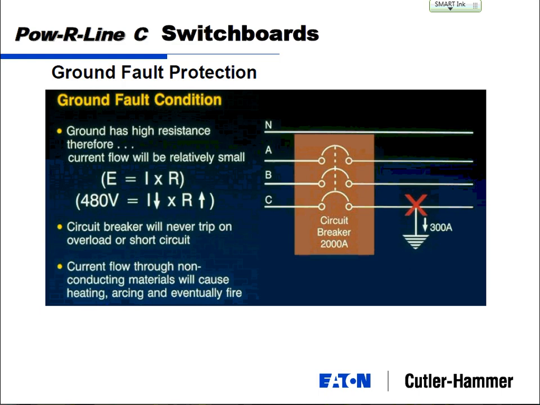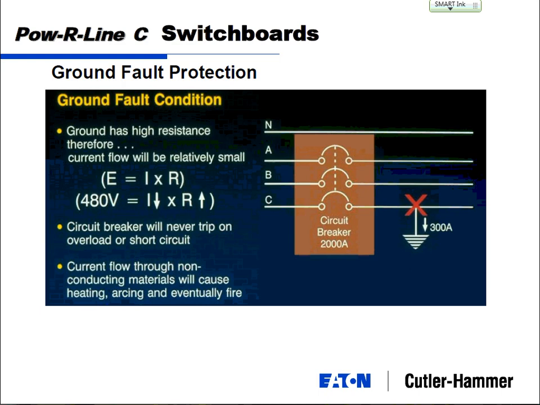A couple things on ground fault. One of the reasons the NEC requires ground fault protection is that ground faults generally have a very high resistance, and when you get a high resistance, you get a very low current. So say you get a fault condition where you've got a 2,000 amp breaker on a typical phase C to ground fault, maybe some of the insulation rubbed off of a wire and it's shooting to one of the conduits or something else, and you've got 300 amps leaking to ground.